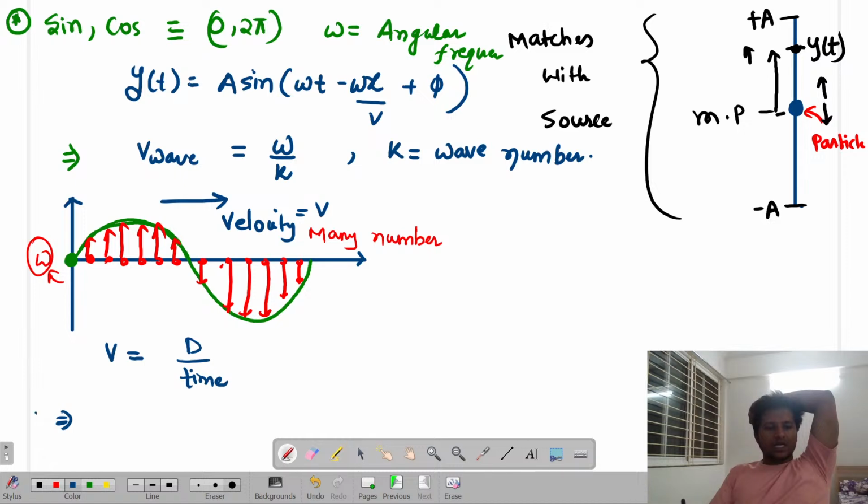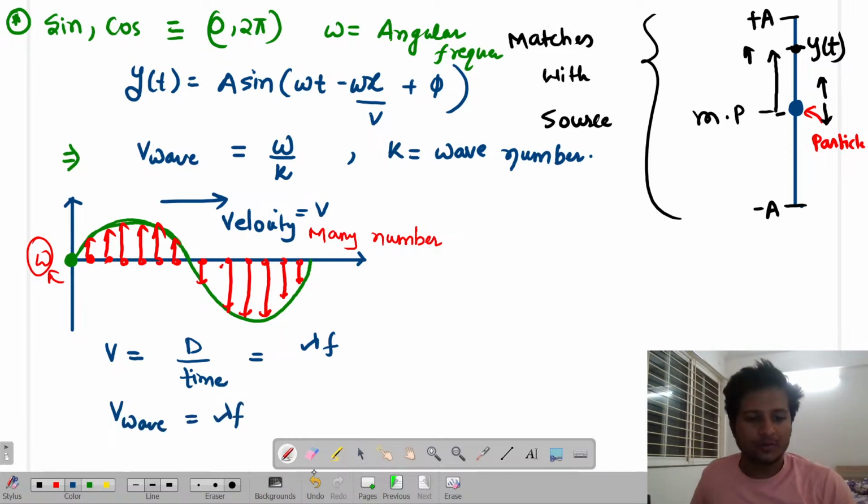As we know, in one time period the wave travels a distance of one lambda. So we defined this velocity as distance lambda, and 1 by time is the frequency. So the velocity of the wave is also written as lambda times frequency. Are you able to get me or not, guys?